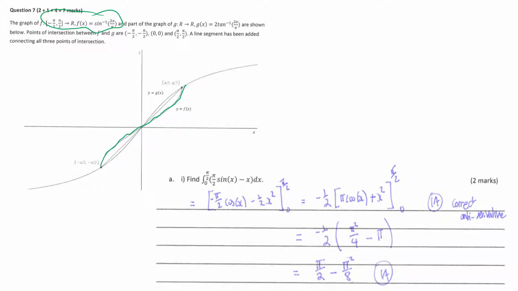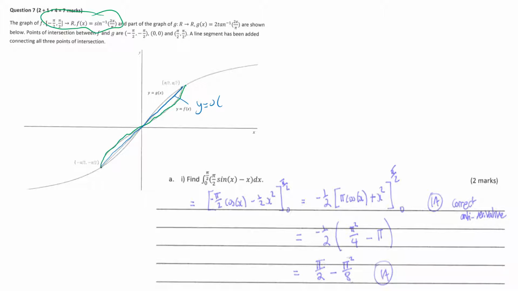What I do want to focus on is the line connecting all the points of intersection. Let's trace that line here for you. Okay, so that's the line y equals x. That's going to be of significance for us in part A, part 2.